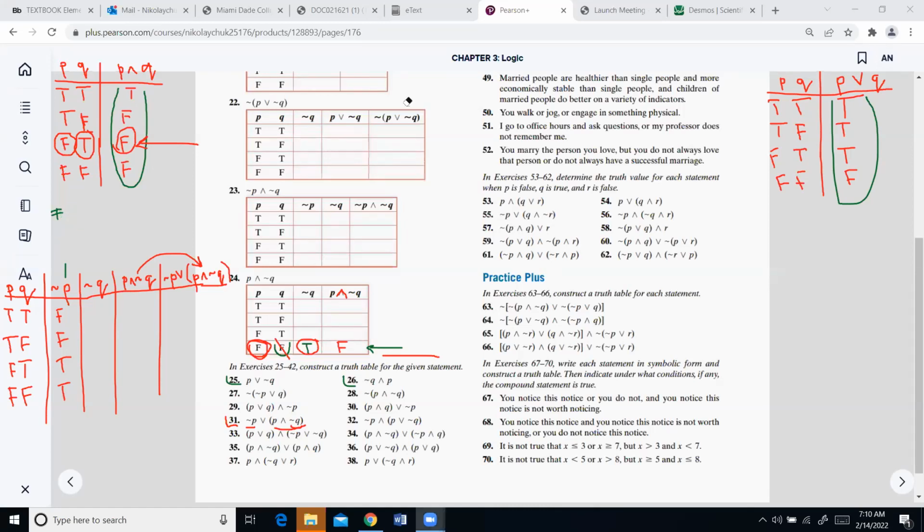Next will be my second column. So what's for the second column? For the second column, I need not Q. So I'll be working with this Q column. And again, whatever sits in those positions, change with the opposite. So the true I change with a false. False I change with a true. Again, true I change with a false.